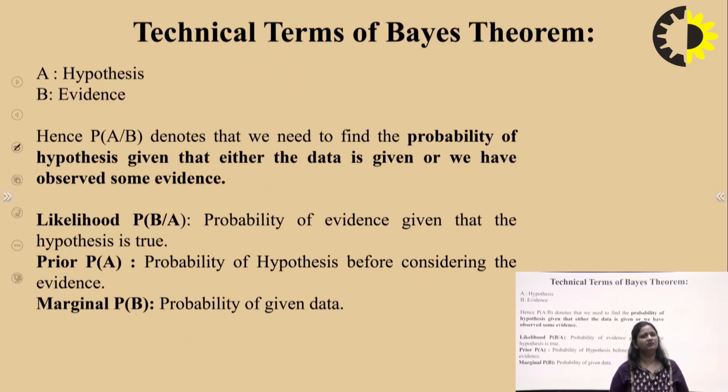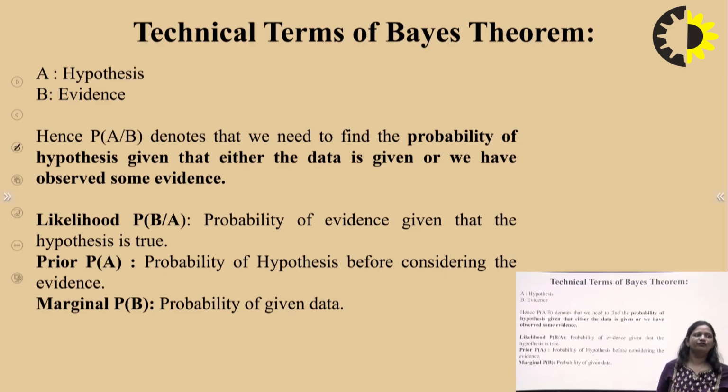So if we are going to explore the technical terms of Bayes theorem, we can say A is a hypothesis and B is evidence. B is the evidence that has already occurred, and A is the hypothesis. Hence P(A|B) denotes that we need to find the probability of the hypothesis given that either the data is given or we have observed some evidence.